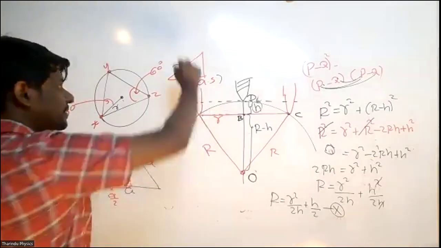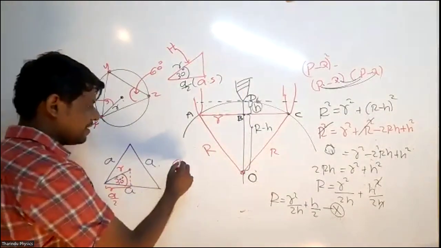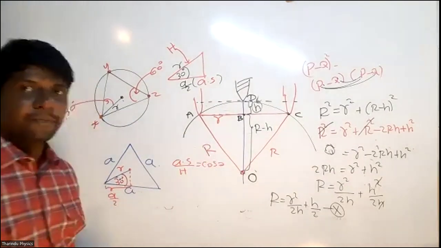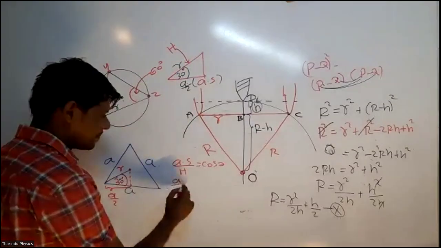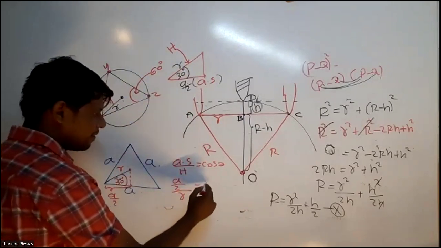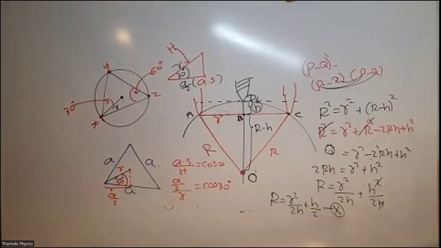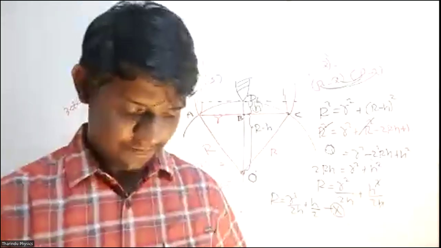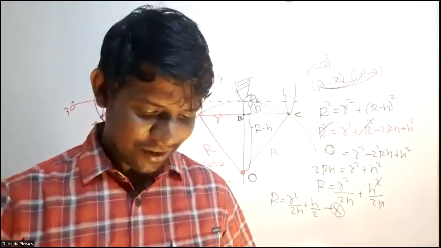This is the hypotenuse. So adjacent side over hypotenuse is cos theta. So A over 2 over hypotenuse R equals cos 30. We know what cos 30 is now. What is the value of cos 30, if you can remember? What is the value of cos 30, my dear?